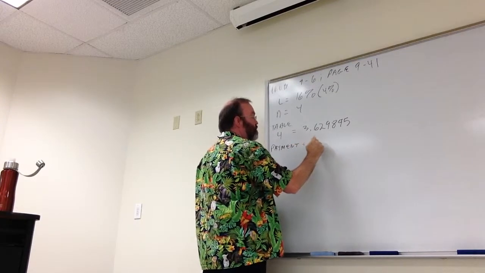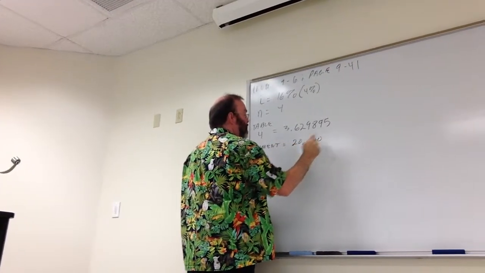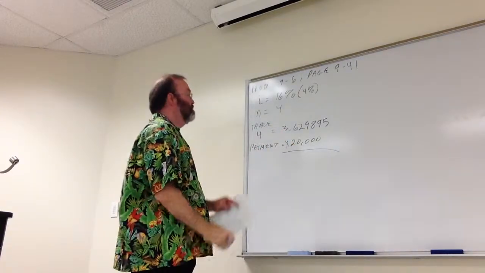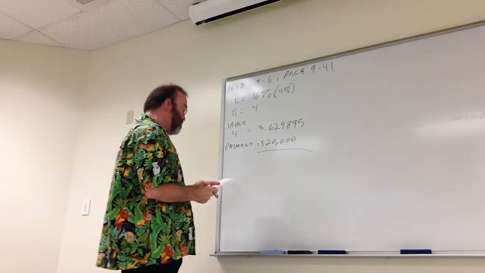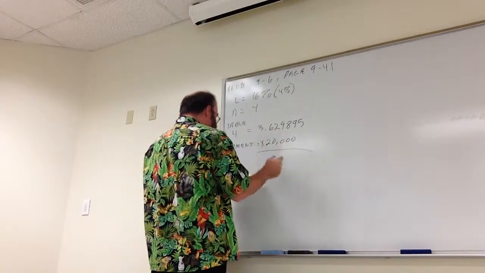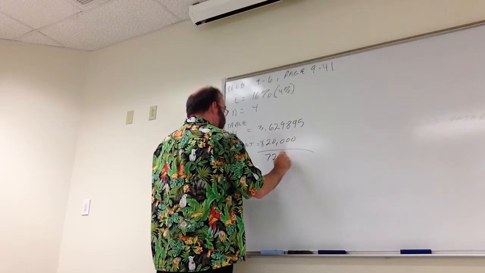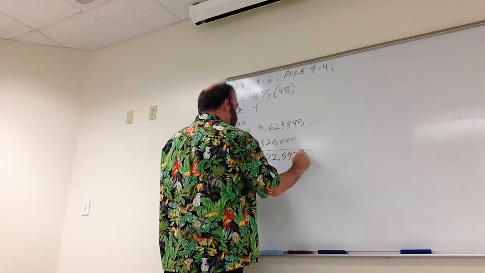The payments equal $20,000. If you multiply the factor of 3.629895 by the $20,000 payments, you get a present value of $72,597.90.